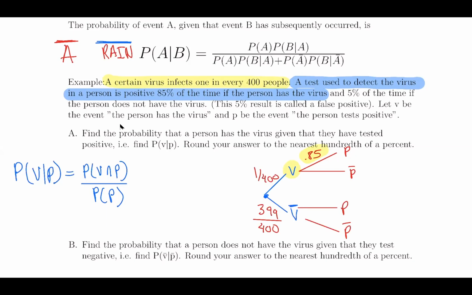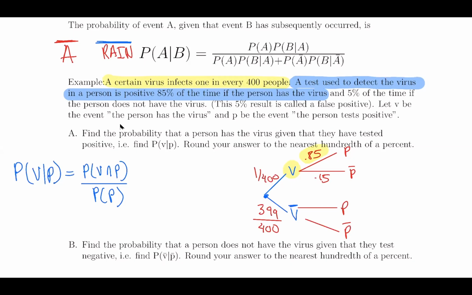If 85% of them test positive, what percentage of them test negative if they have the virus? Yeah, 0.15. Good, Junior. They put 0.15 there. All right, and that's it for that branch.